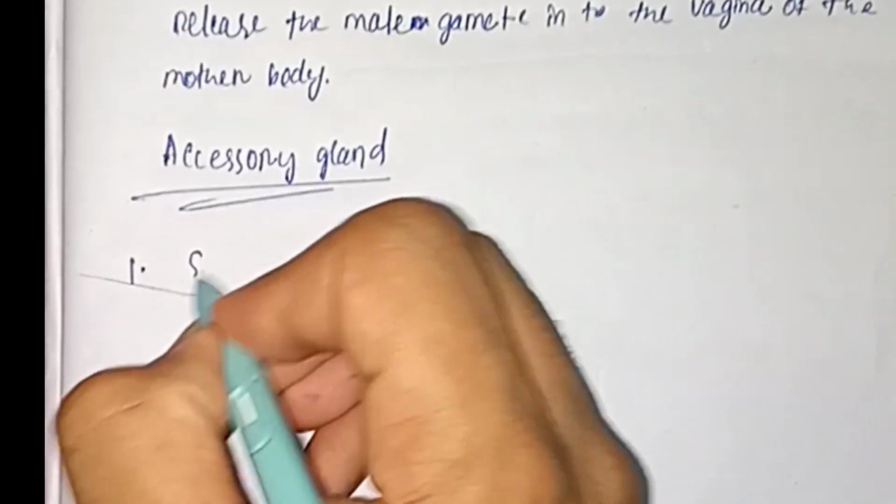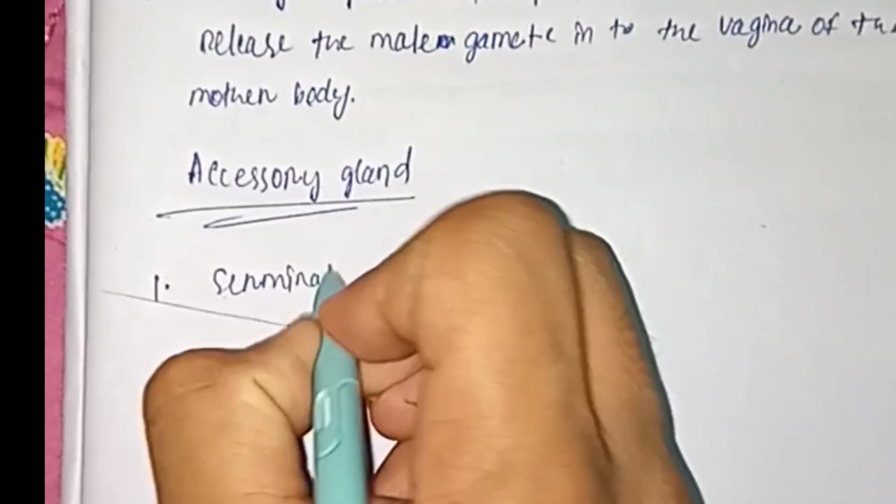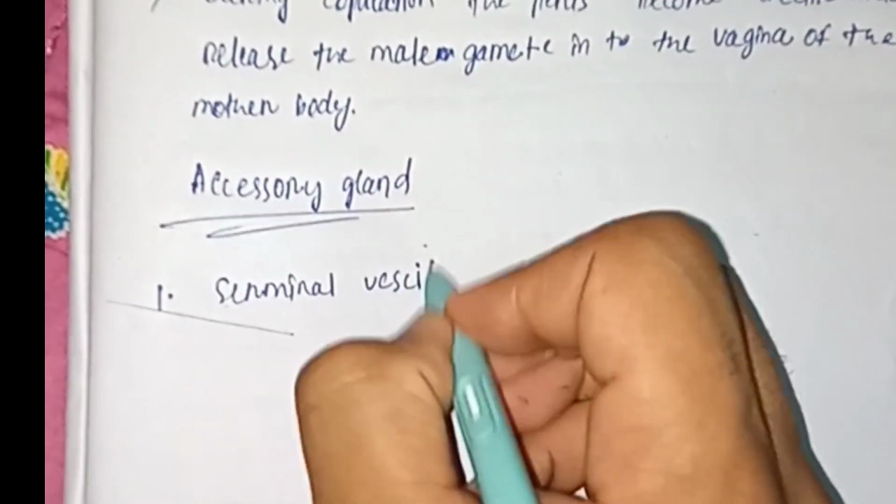Accessory glands. One is the seminal vesicle.